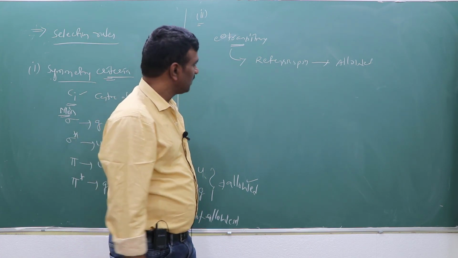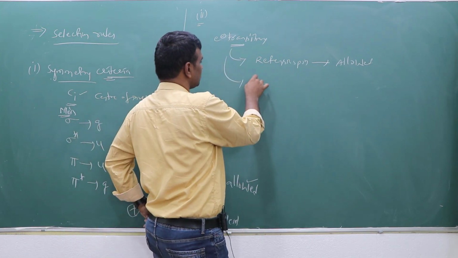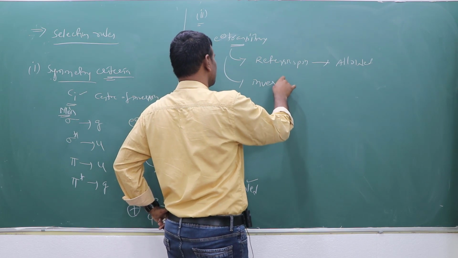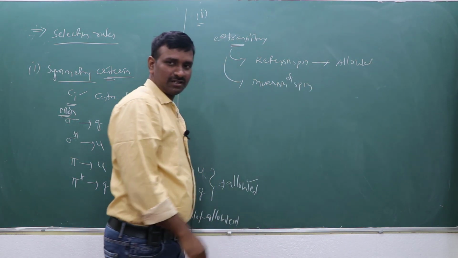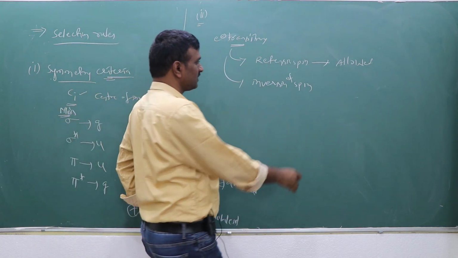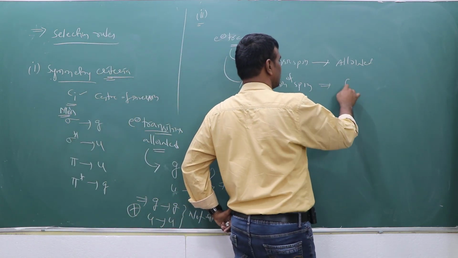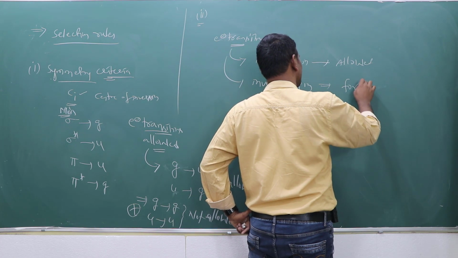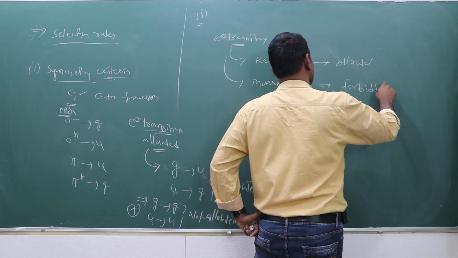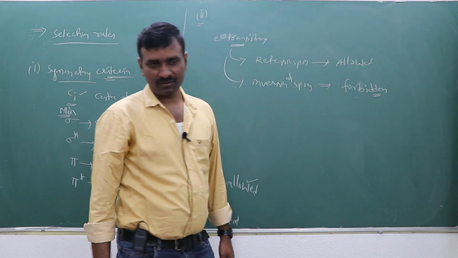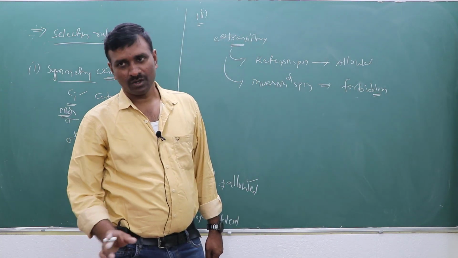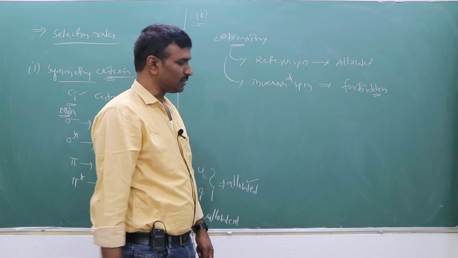And if there is inversion of spin during the electronic transition, it is considered a forbidden transition with low intensity. Forbidden transitions are not allowed transitions, or only sometimes allowed.